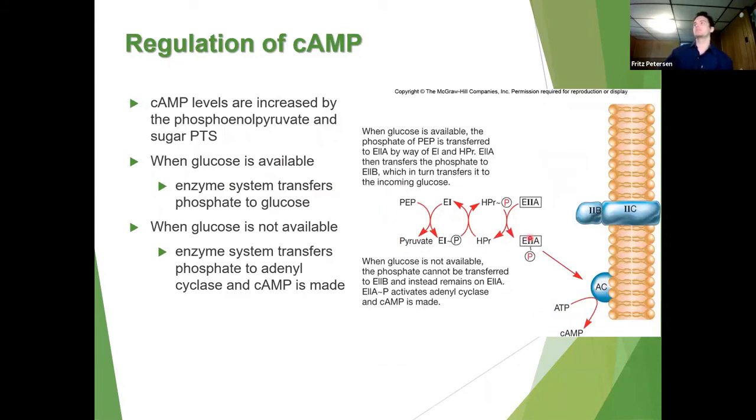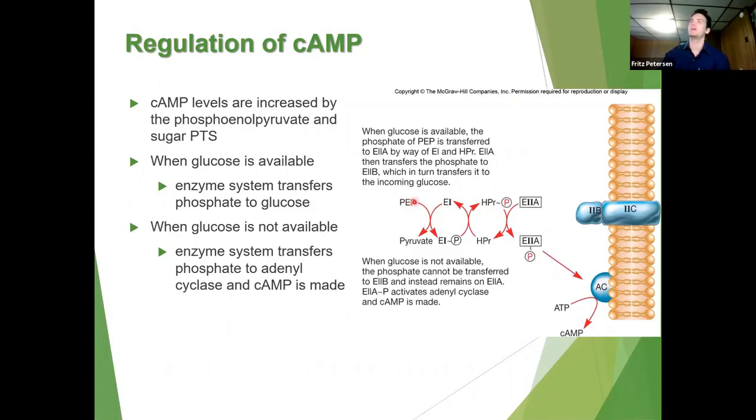You can look at this cycle down here. This is how the cAMP is essentially produced, because it requires this phosphate. The PEP, phosphoenolpyruvate, is involved in what is called PEP group translocation, also known as the phosphotransferase system. This is the method used by bacteria for sugar uptake when the source of energy is phosphoenolpyruvate.